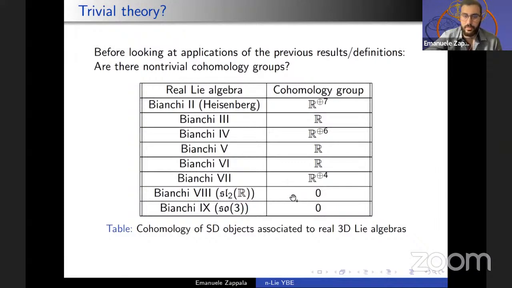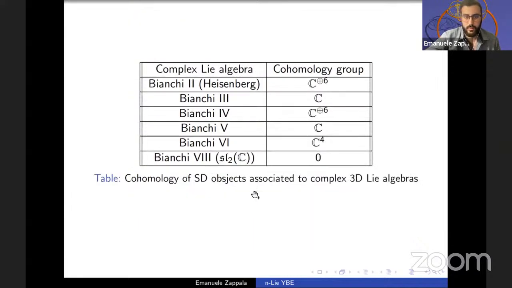It's isomorphic to the cohomology of SL2 and SO3, which is 0, as is well known. And the same thing in the complex version, SL2 and SO3, they coincide, and then this is Bianchi 8 in the complex version and still 0. But you have plenty of cohomology groups that are non-zero in general.